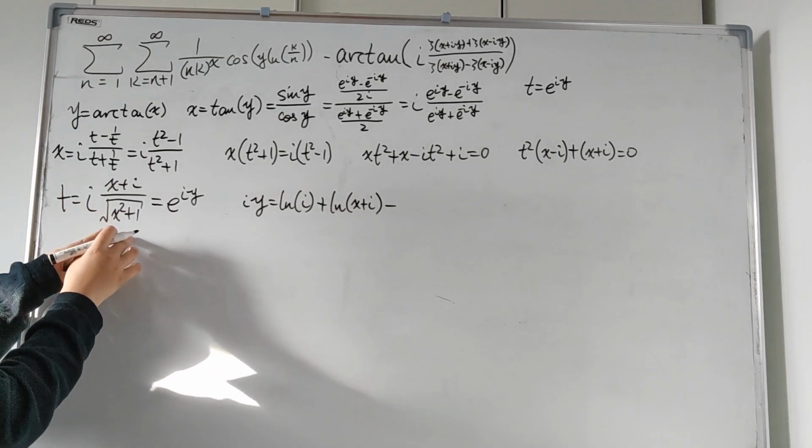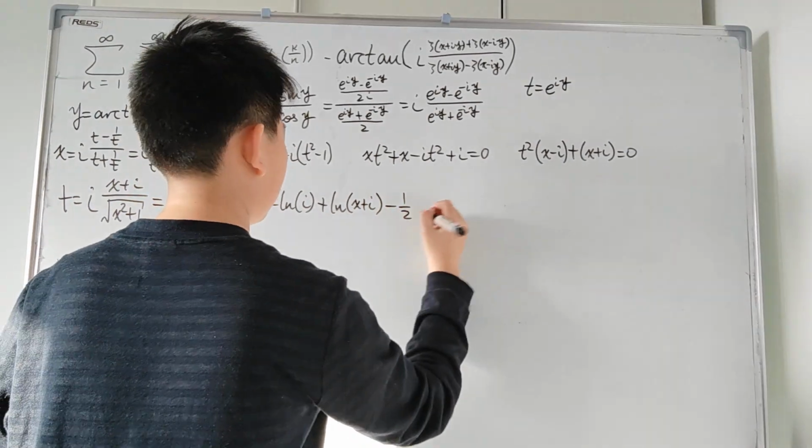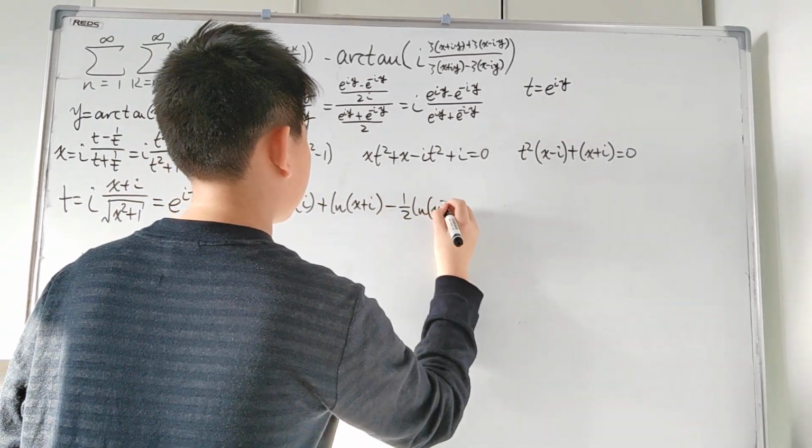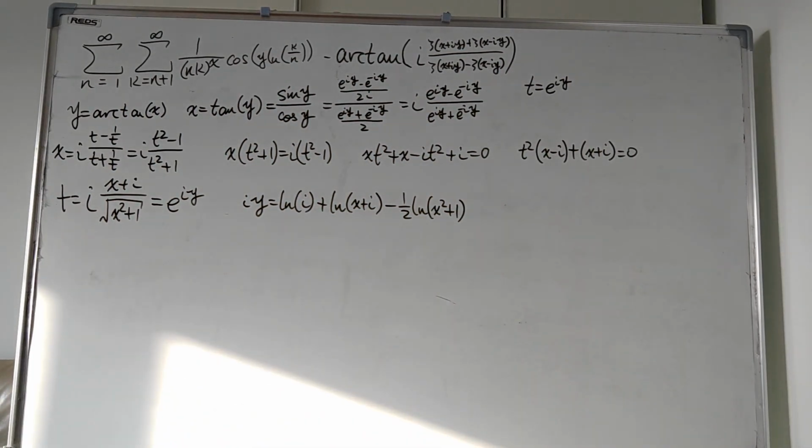The natural log of this is equal to 1/2 times the natural log of x squared plus 1.